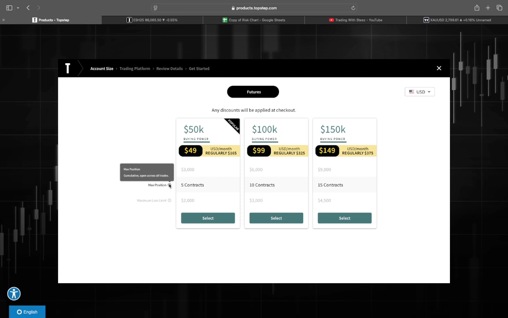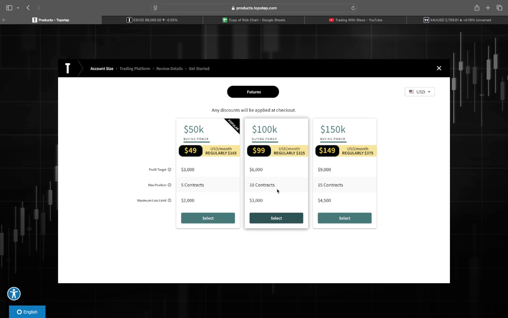So you can go 1 contract on one, 4 on the other, or however you want to divvy it up. But the maximum amount of contracts you can have going at one time on that challenge is based on this number. So 50K, 5 contracts, 100K, 10 contracts, 150K, 15 contracts.